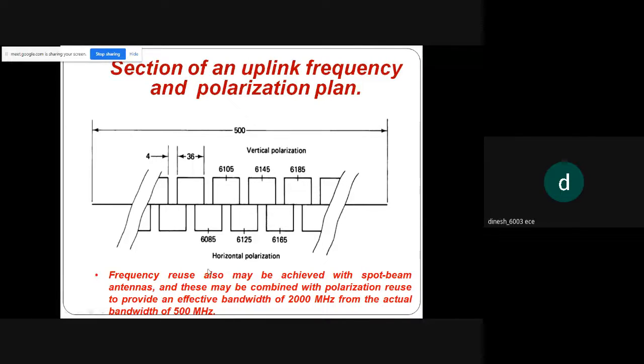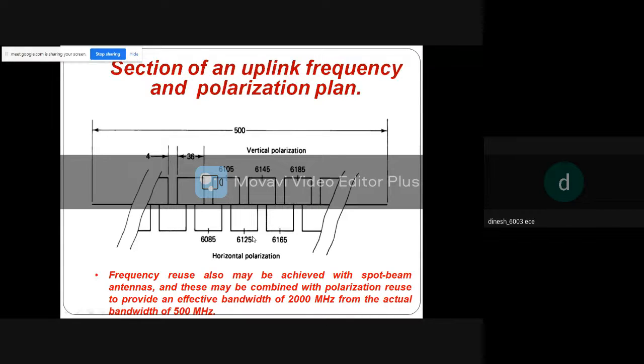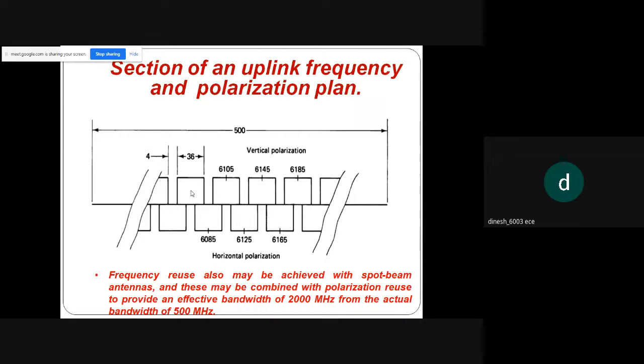So the existing 500 megahertz bandwidth can be increased up to an efficient bandwidth of 2000 megahertz. This is a special function of a spot beam antenna using this frequency reuse concept.